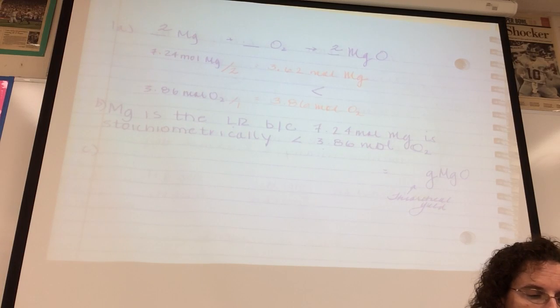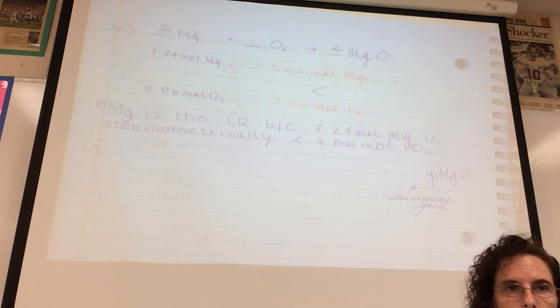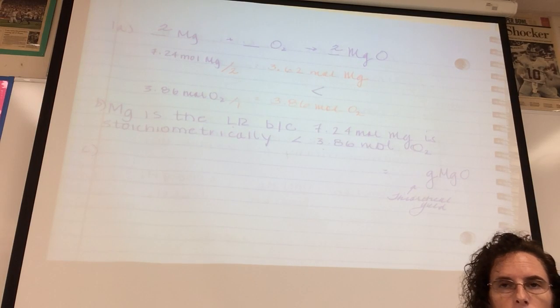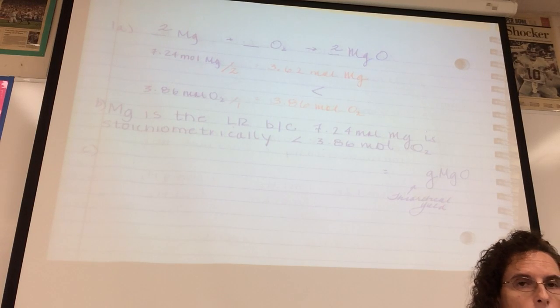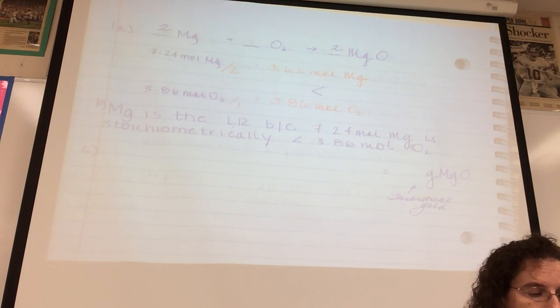What do I start with? The limiting or the one in excess? The limiting. You always, always, always, always, always use the limiting reagent to figure out the theoretical yield.